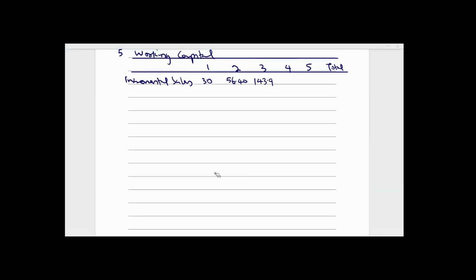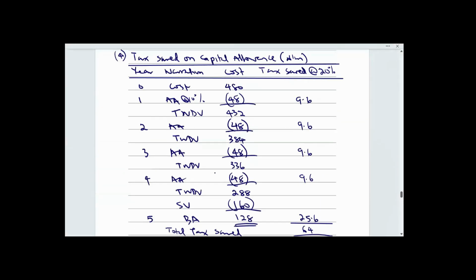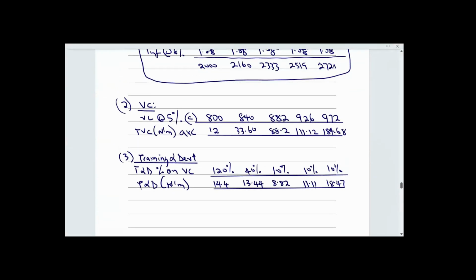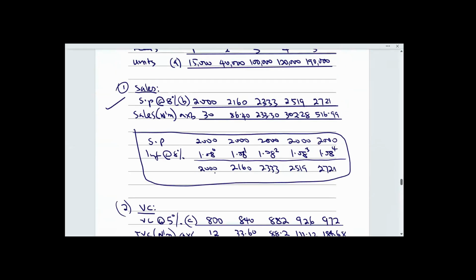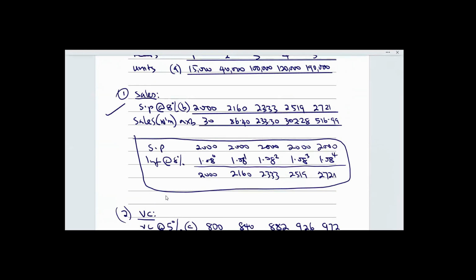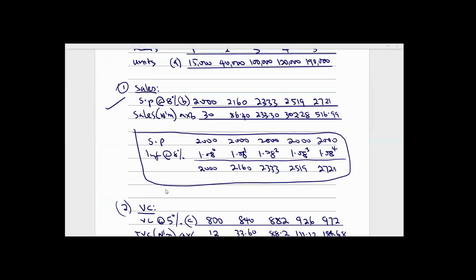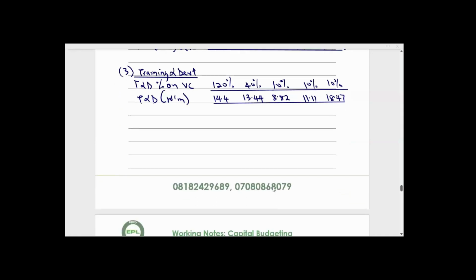Then in year 4, sales has increased to 302.28. So I would then say 302.28 minus 233.3. So sales has increased by 68.98.